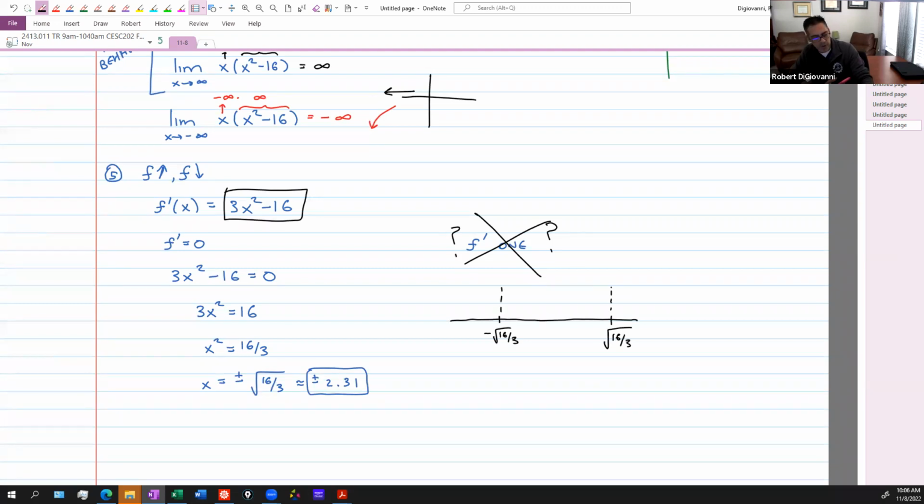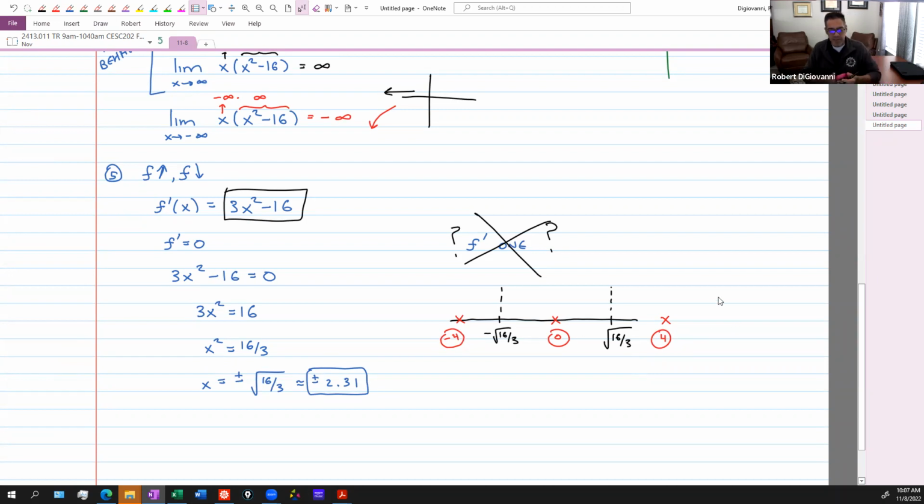Those are my only critical numbers. I need test points here, here, and here. Good test points I should use? I'll go with negative 4, 0 is a good one here, and positive 4. See, that's why I think it's important. That's why I went and found what this was as a decimal, so it'd be easy for me to figure out what my test points should be.